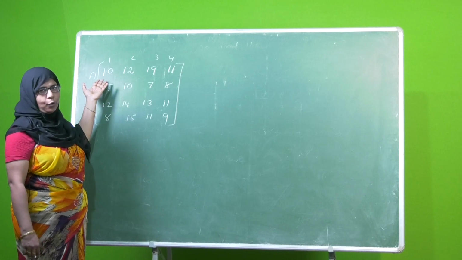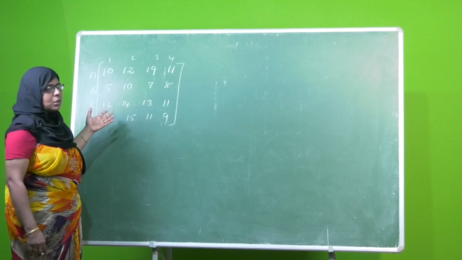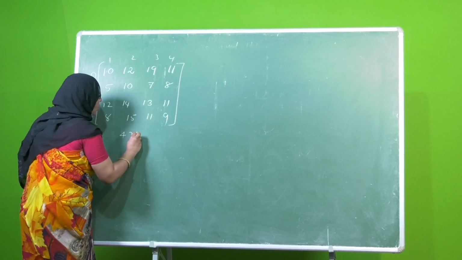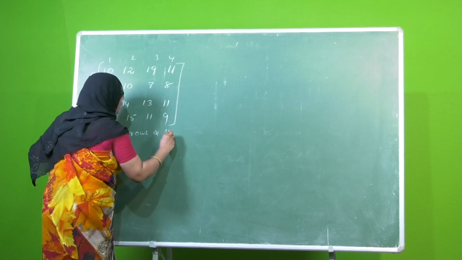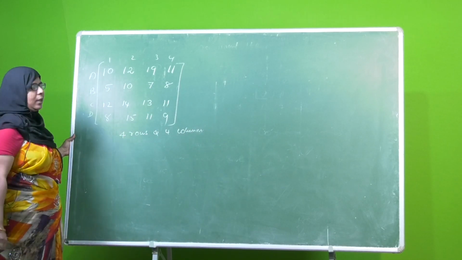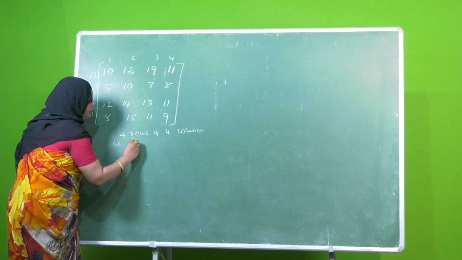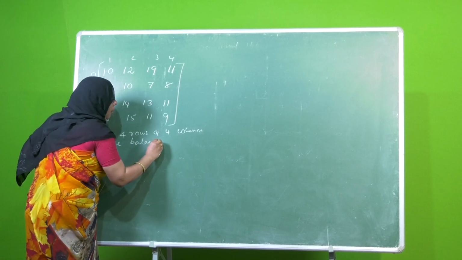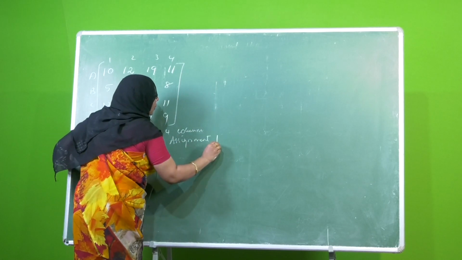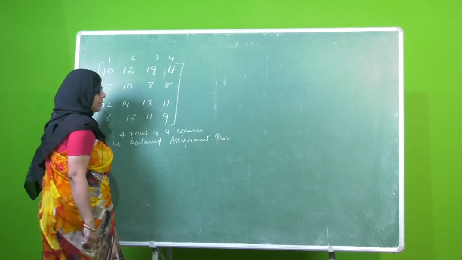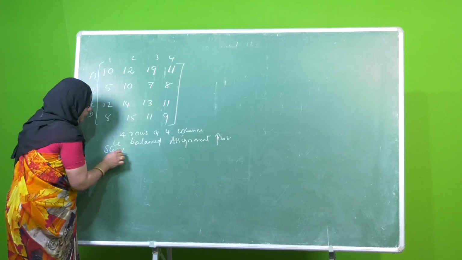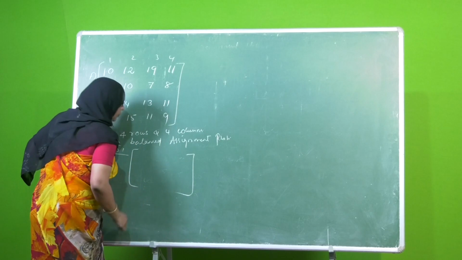The number of rows is 4 and the number of columns is 4. So that is a balanced assignment problem.